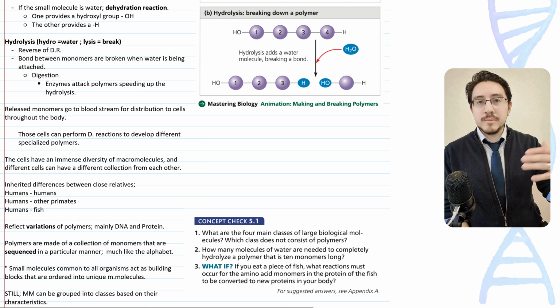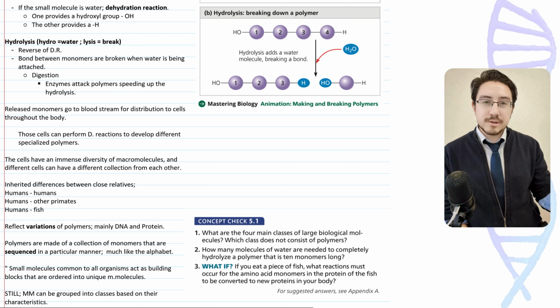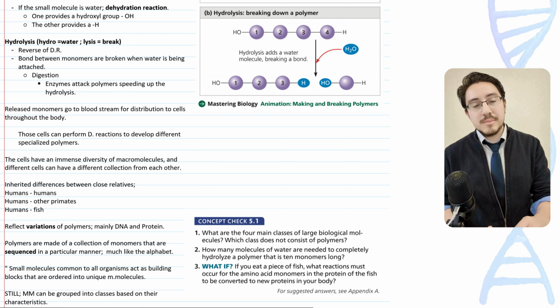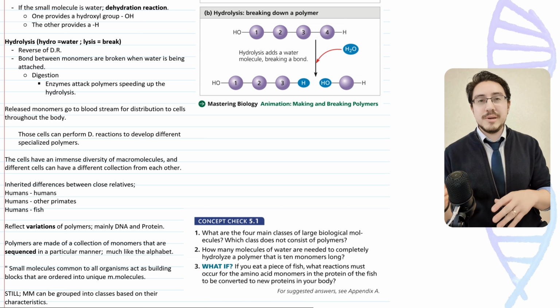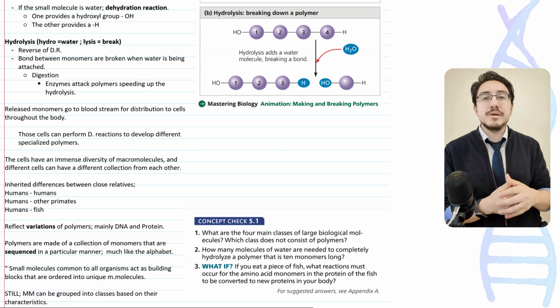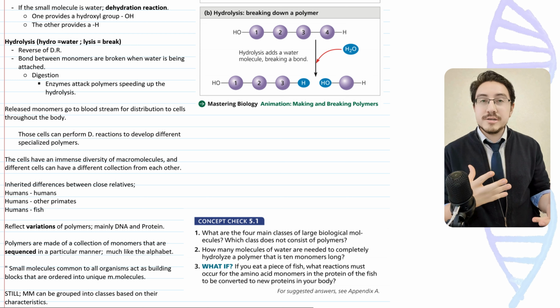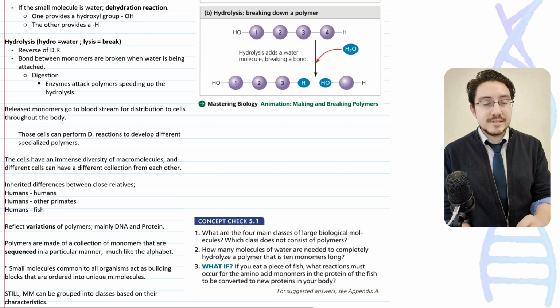Those monomers would ultimately go into the bloodstream to cells to be used in a particular way. What's interesting about these monomers is that they can still be used to create different structures depending on the cell they need to be used in, and the type of reaction or structure that they need to be used in. So there's a lot of variety in that sense.